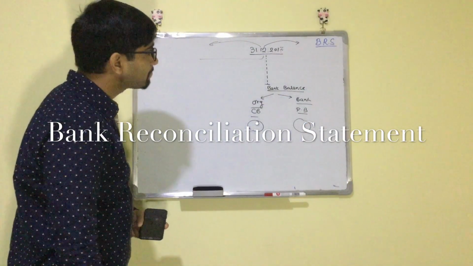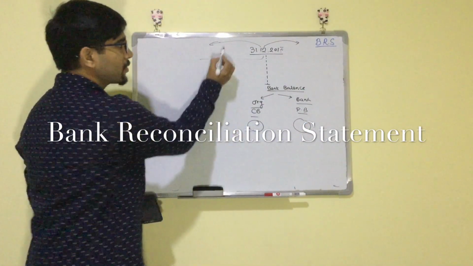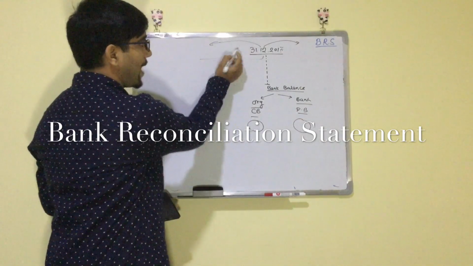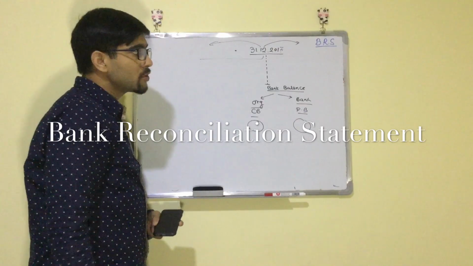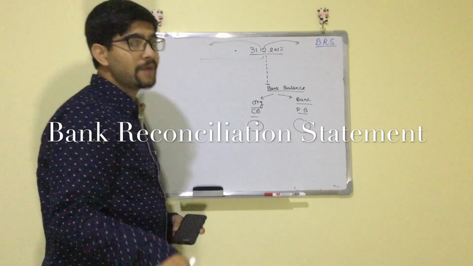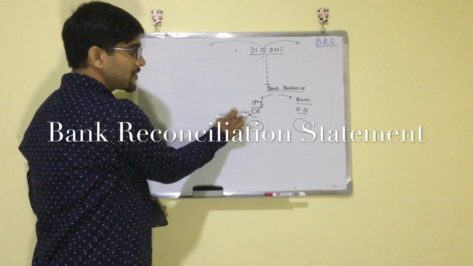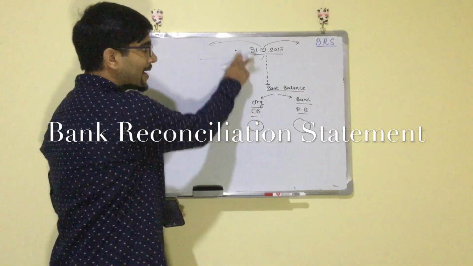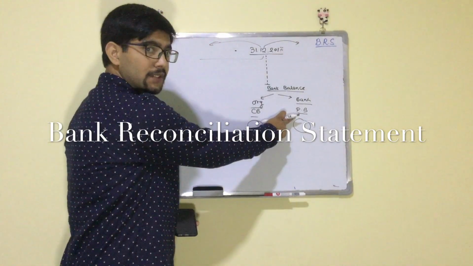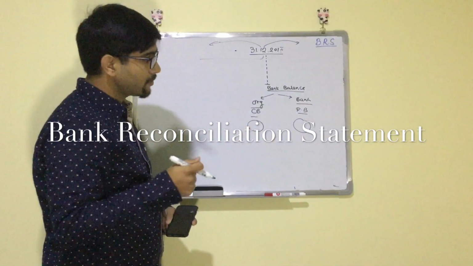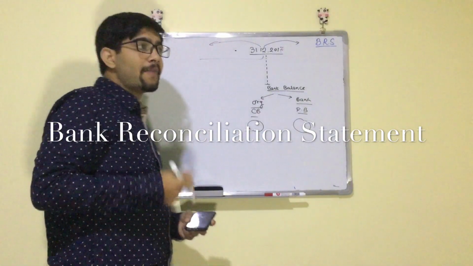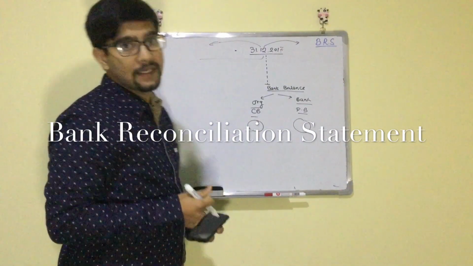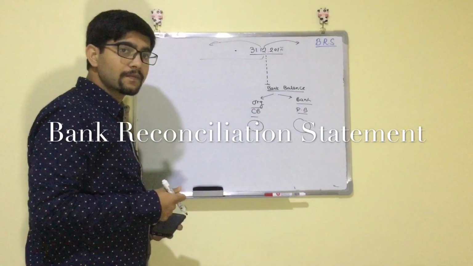Maybe certain informations related to these periods come after the end of this period. For example, if the customer has deposited a check to the bank on 29th of December, but we don't know that the customer has already made the payment, so we have not adjusted our cash book, but the bank has already realized the amount. So when we see the passbook, we find that our passbook has increased the amount by the amount paid by the debtor or customer.